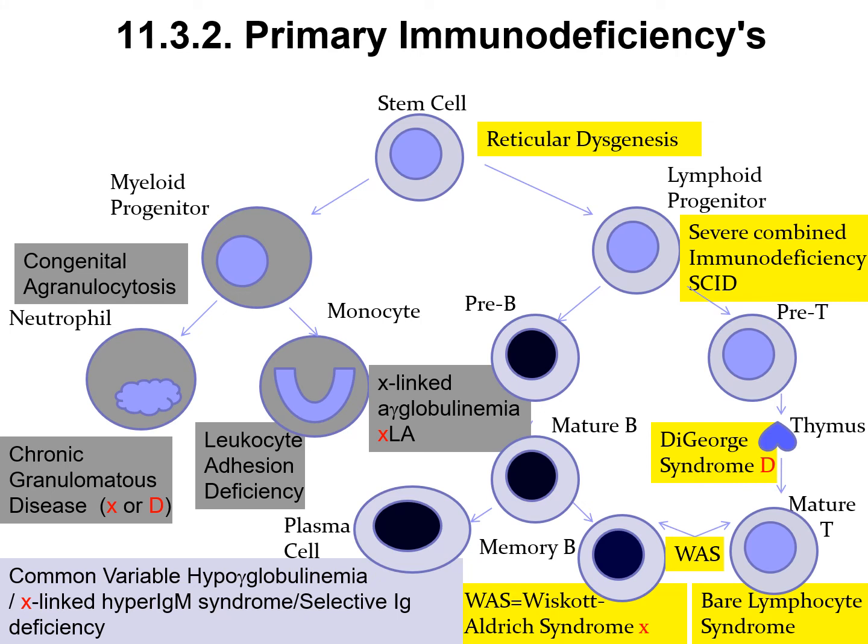Right, so then it can also affect the plasma cell. Okay, common variable hypogammaglobulinemia, X-linked hyper IgM syndrome, selective immunoglobulin deficiency. So those are the diseases that may result from primary immunodeficiency, more or less.